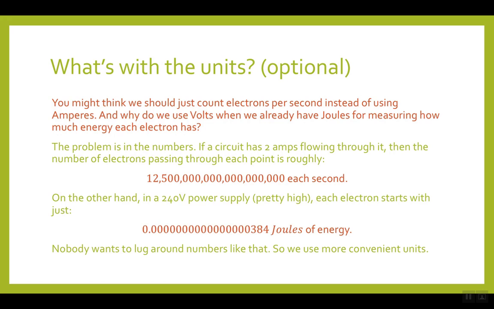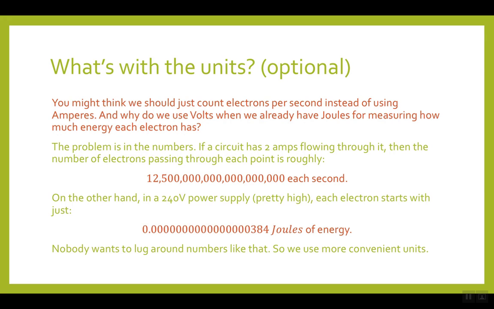Now, we could just count electrons per second instead of using amperes. We could use joules instead of volts. Why don't we? The reason really is the numbers. If we wanted to measure electrons per second, which is essentially what amps are measuring, you're going to get a huge number.